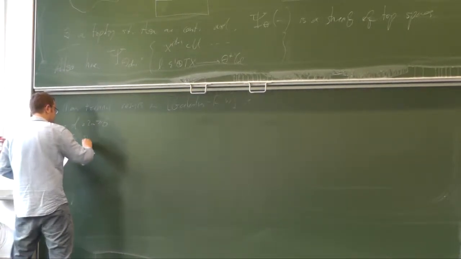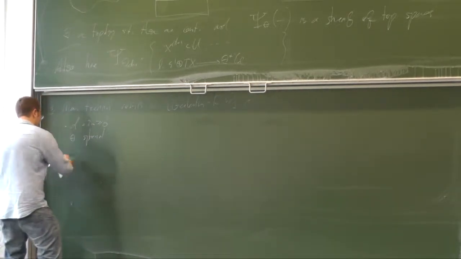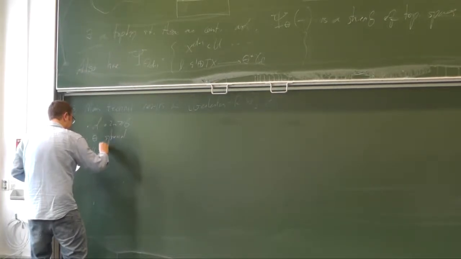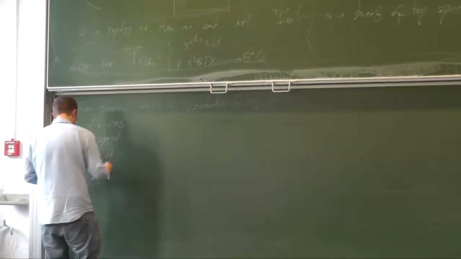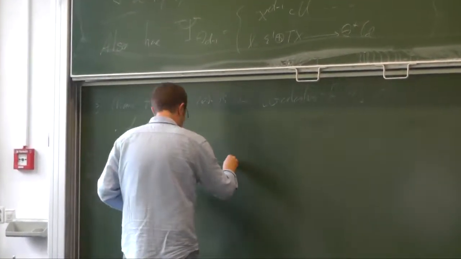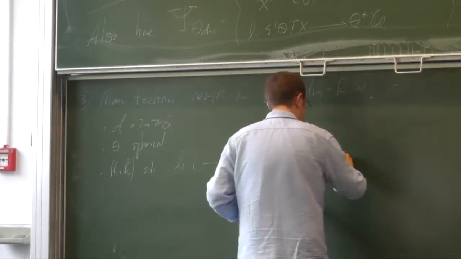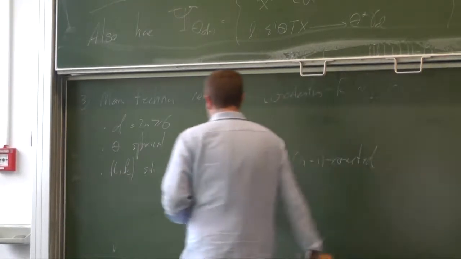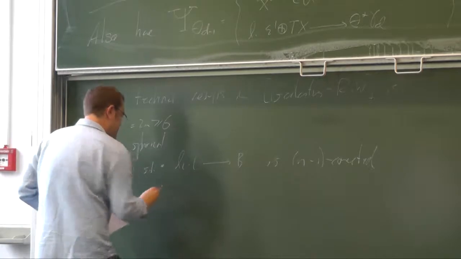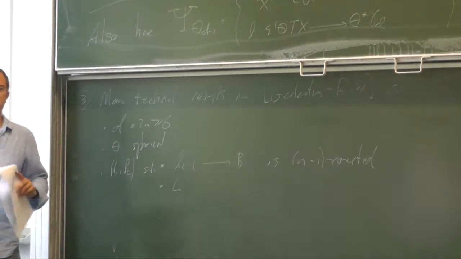Theta is spherical. L and the structure on it is chosen so that these two things I said are true. L to B is n minus 1 connected. So that's one condition. And the second condition is that L itself is built only using relatively small handles.